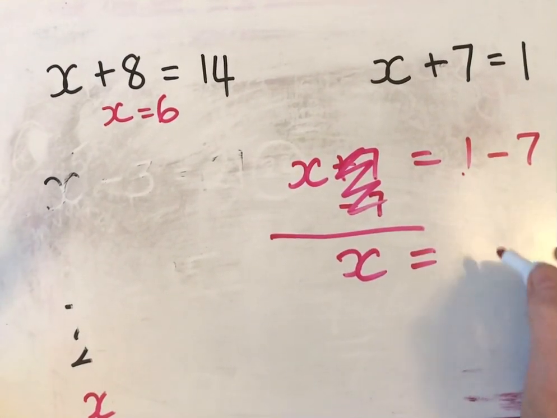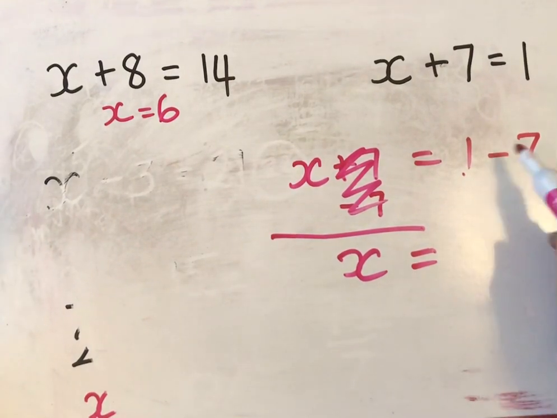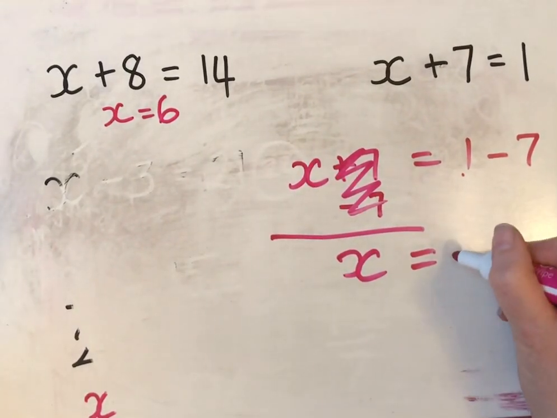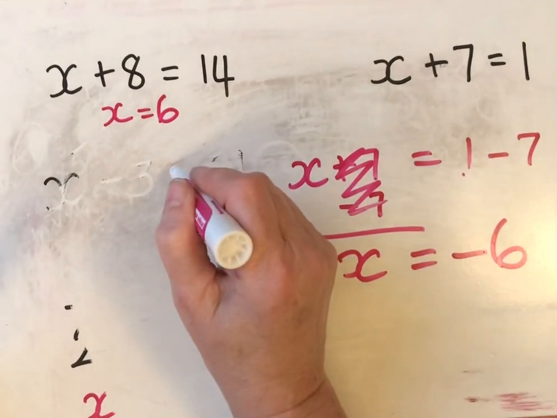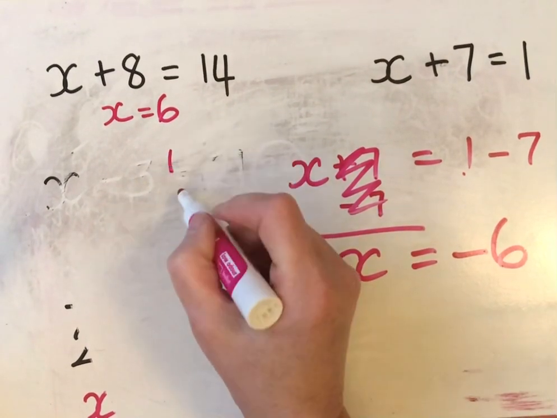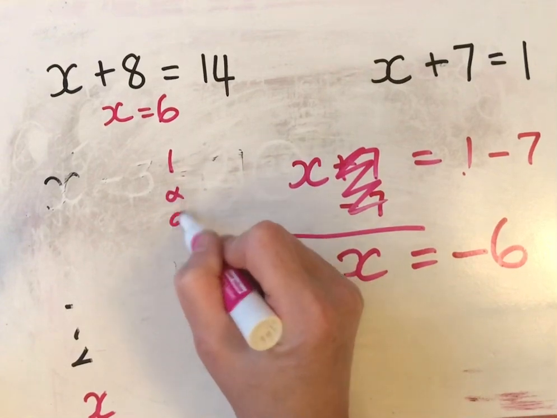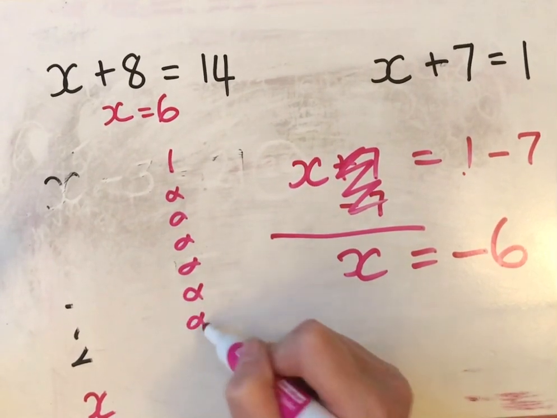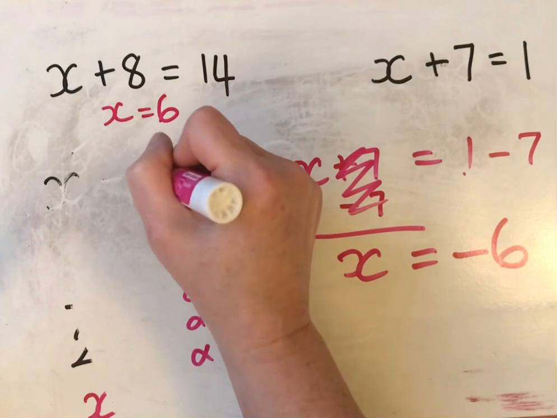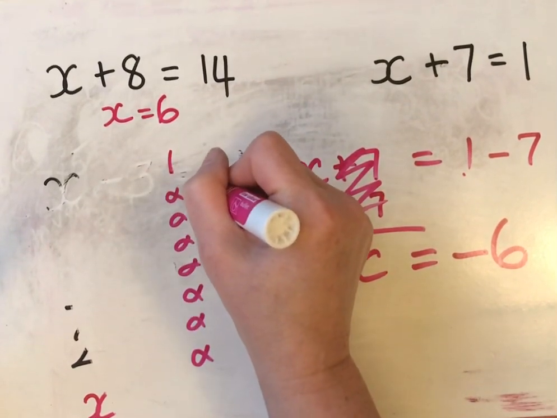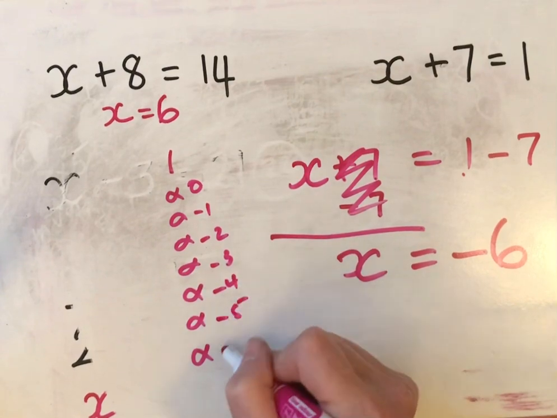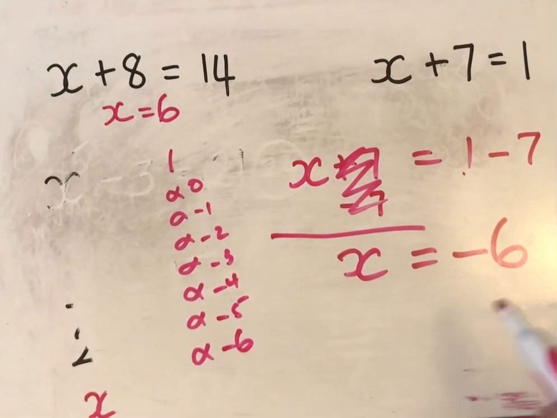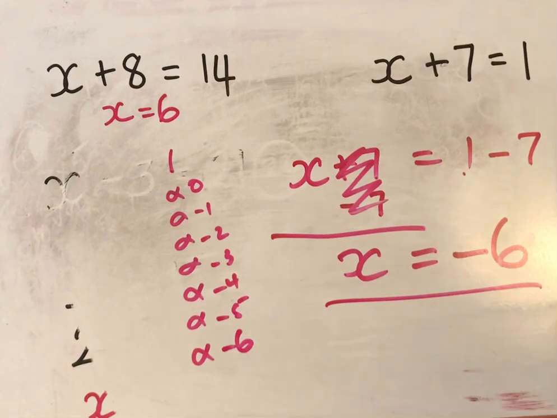And 1 take away 7, well, I'm taking away more than I started with, so it becomes negative 6. Think of a number line. I'm starting at 1, and I'm going to take away 1, 2, 3, 4, 5, 6, 7. So if that number is 1 starting point, that's 0. Negative 1, negative 2, negative 3, negative 4, negative 5, negative 6. So the answer is negative 6.